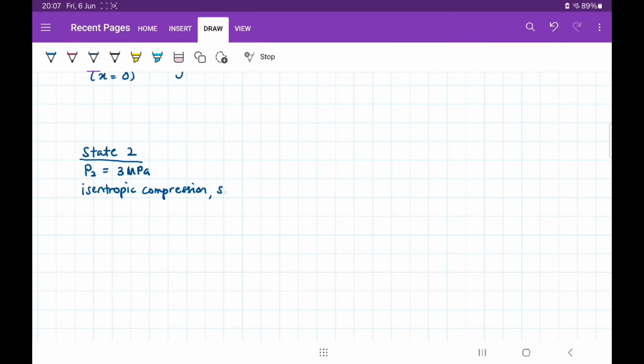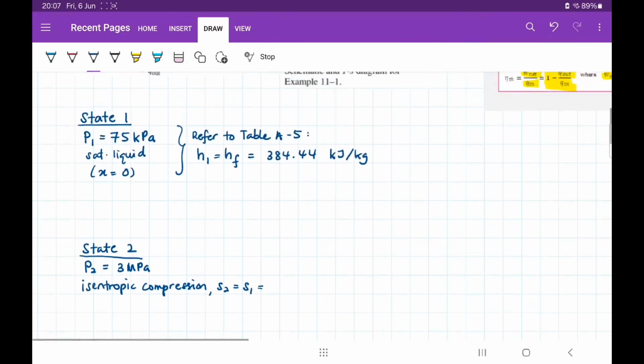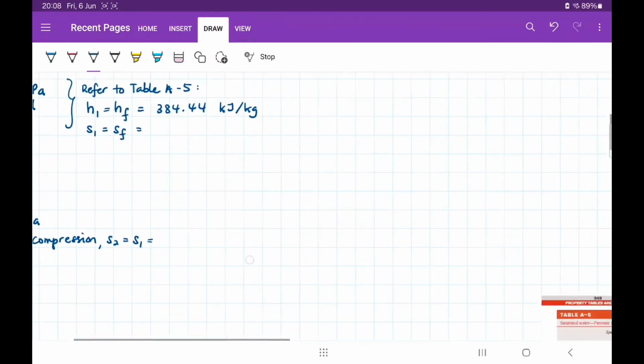So when you have isentropic compression, we know that our entropy at point 2 is equal to entropy at point 1, meaning that we need to find the entropy at point 1. Go back to table A5 and find the entropy at point 1.